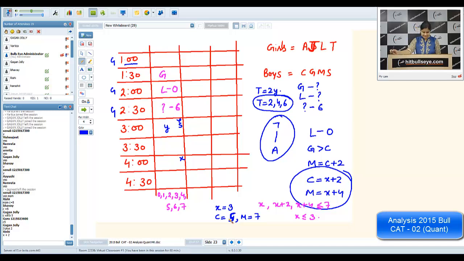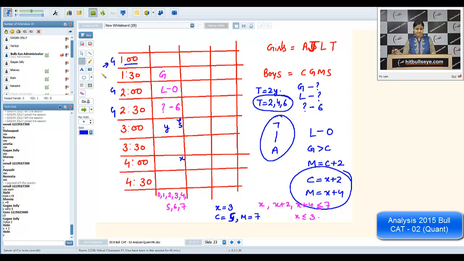Now I can take again a random thing. 7 should be before A. They should be consecutive, I mean. Now, I cannot take 7 at the first place because at the second place there is G. I cannot take 7 at 3.